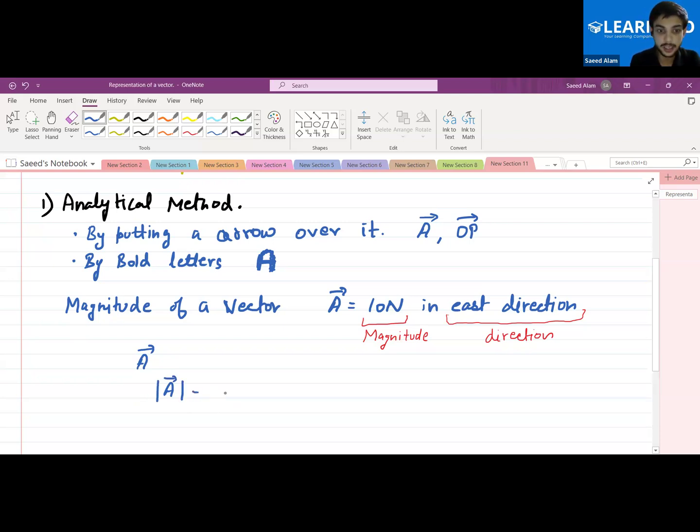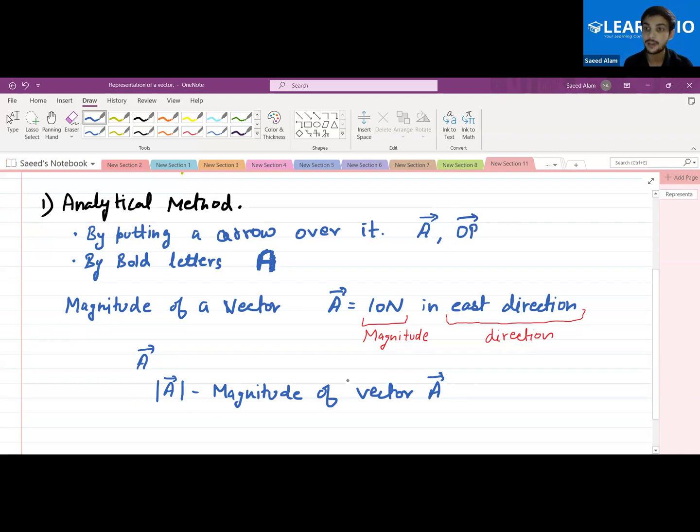It means magnitude of vector A, because vector A will definitely have two things associated with it. One will be the magnitude, another one will be the direction.